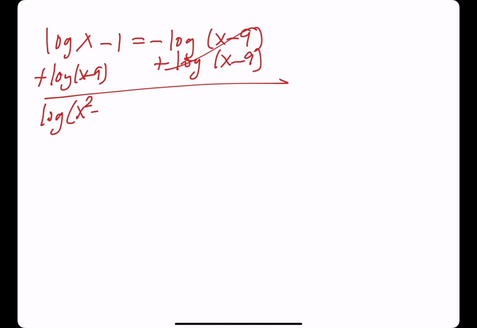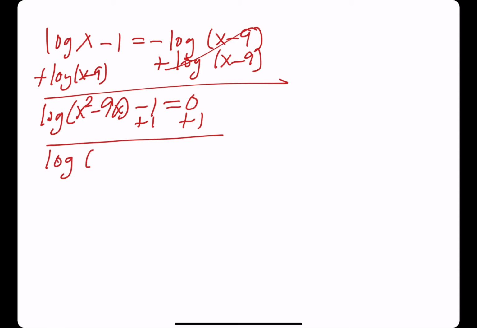So I have x squared minus 9x minus 1. And then I can just add my 1 to the right side. Then remember, this is a base 10. So I will have 10 to the first power is x squared minus 9x.